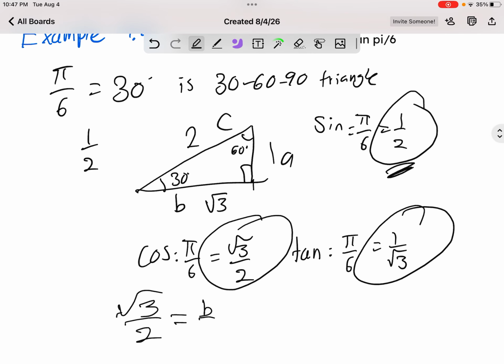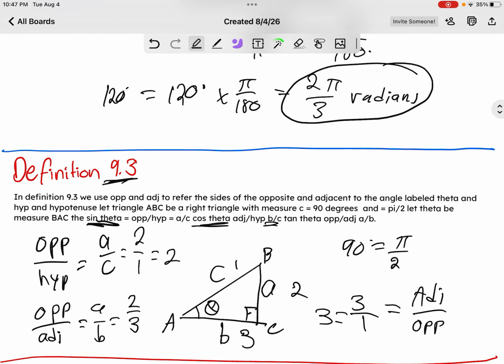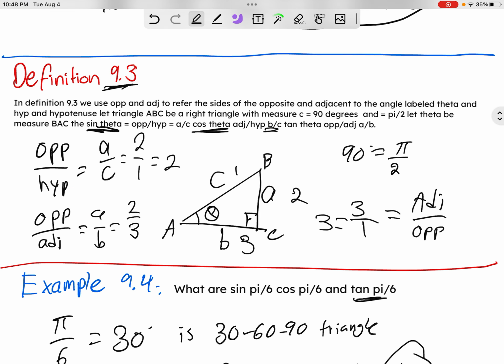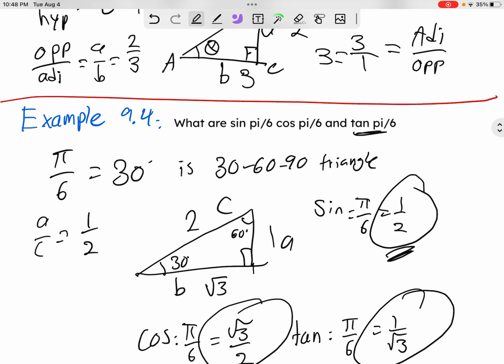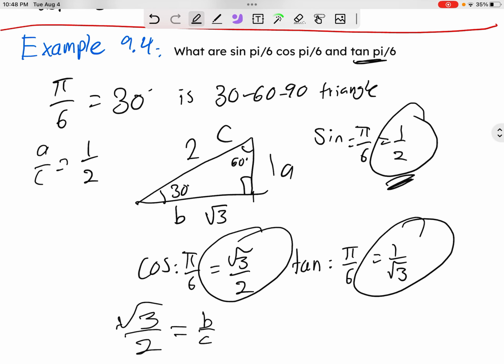And tan theta is opposite over adjacent, A over B, which is 1 over root 3. It's just definition 9.3.